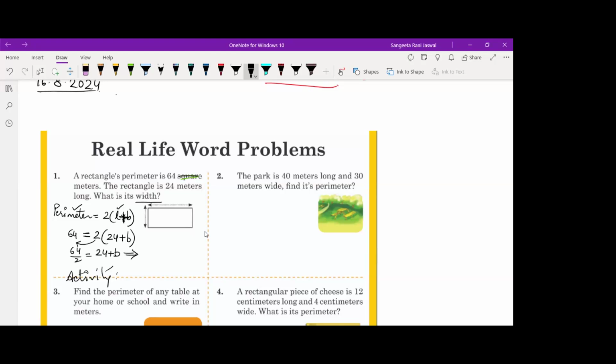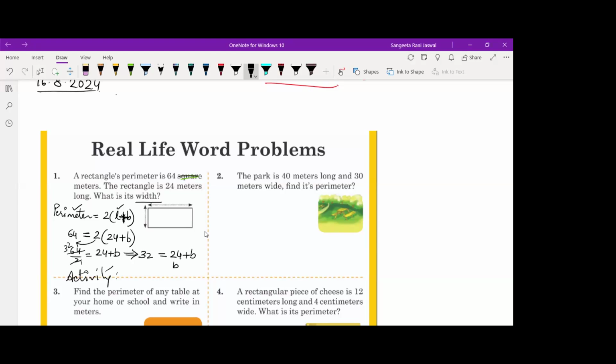So when you divide 64 by 2, this will be 32. 2 ones are 2, 2 threes are 6, 2 twos are 4. This is 32. And on the right hand side, you have 24 plus B. And now your B will be what?